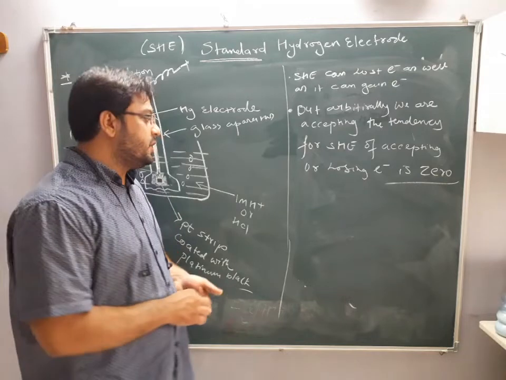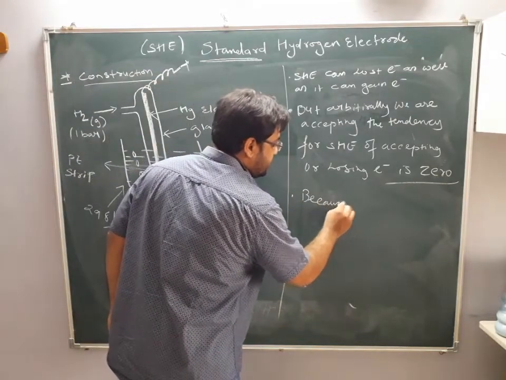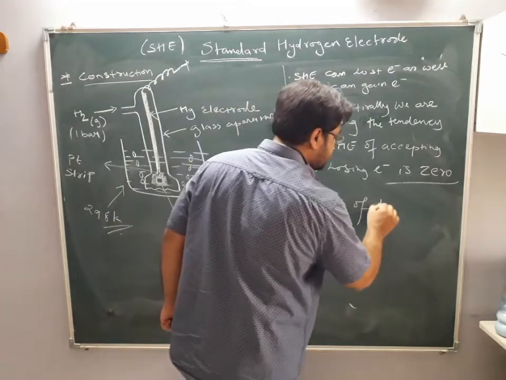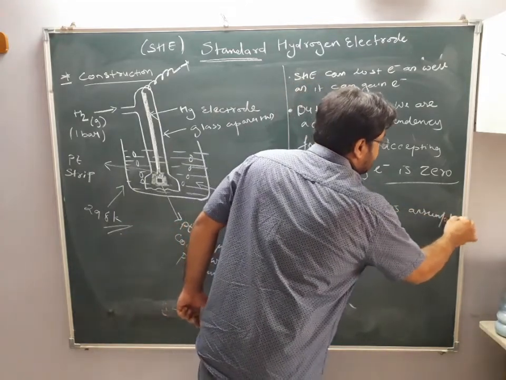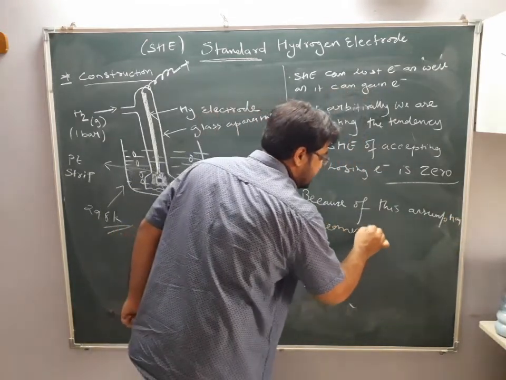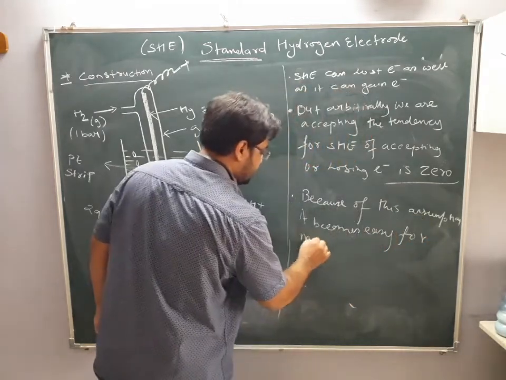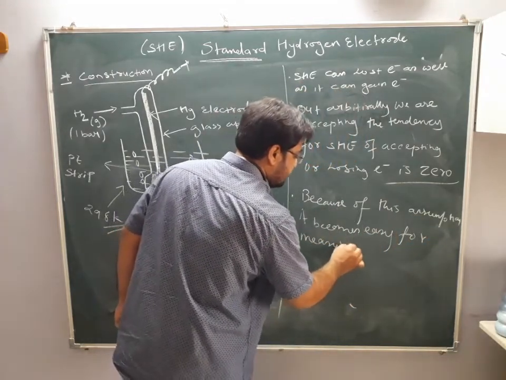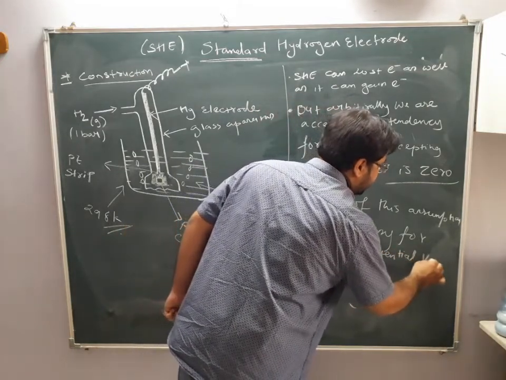We are doing so because of this assumption. Because of this assumption, it becomes easy for measuring potential value of other electrode.